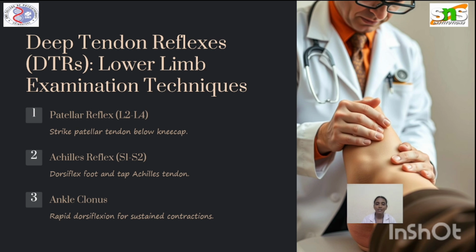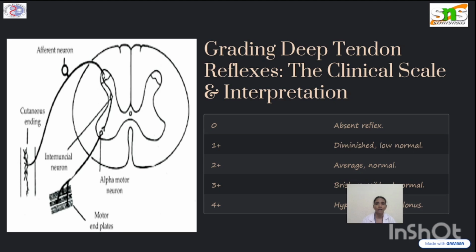Next, the SLS reflex, whose root value is S1, S2, is tested by dorsiflexing the foot of the patient and giving a mild tap on the Achilles tendon. There occurs a mild jerk in the ankle joint. Then ankle clonus: by doing a rapid dorsiflexion, a sustained contraction will occur. That is the response of ankle clonus.